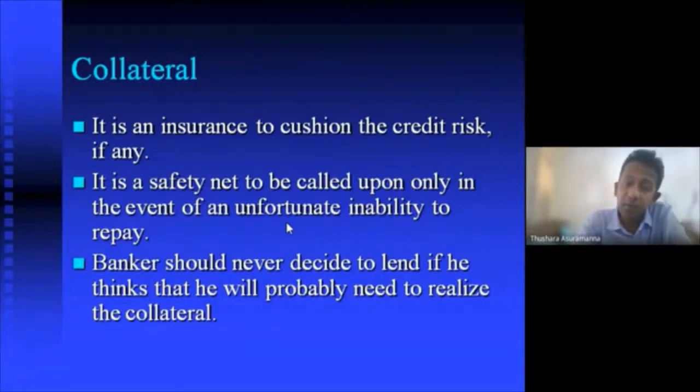Why we say important? Because when you give a facility to customer, a customer is supposed to pay back without any default, because he is supposed to pay together with interest and capital.